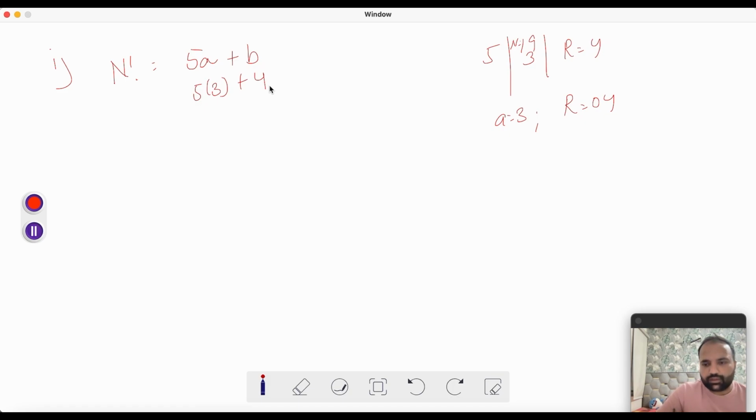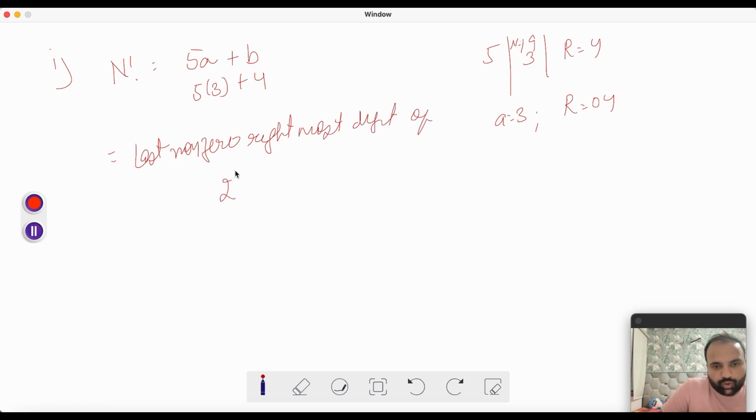Once you have found your a and b, what you need to do is find the last non-zero rightmost digit. In this format you have to put 2 to the power a into a factorial into b factorial. Let's say a is 3, so we have 3 factorial, and b is 4, so 4 factorial.